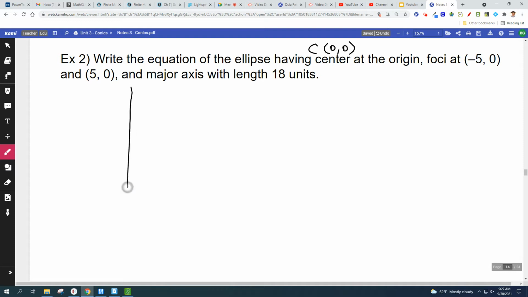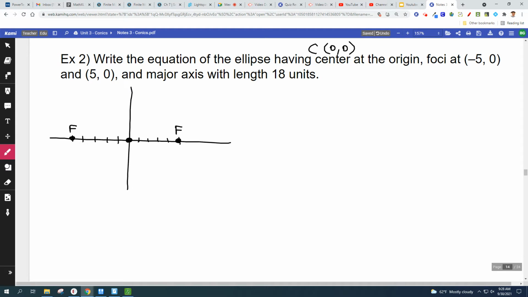All right, so I know the center of this thing is at 0, 0. And then they say it's got foci at negative 5, 0, and 5, 0. So 1, 2, 3, 4, 5 is a focus, and negative 1, 2, 3, 4, 5 is the other focus.